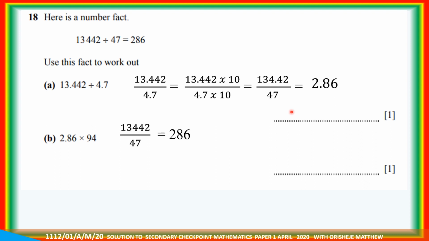Now this second question, you now have the answer 286, but a decimal point is introduced, and you are multiplying it by 92. So you have 92. 94 is double of 47.